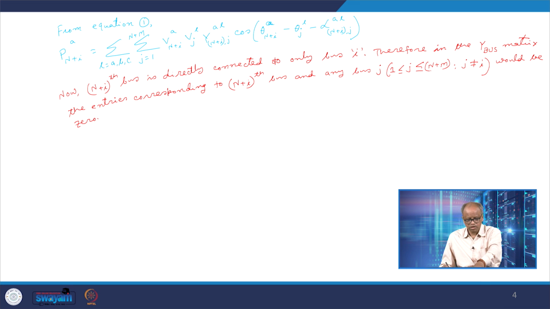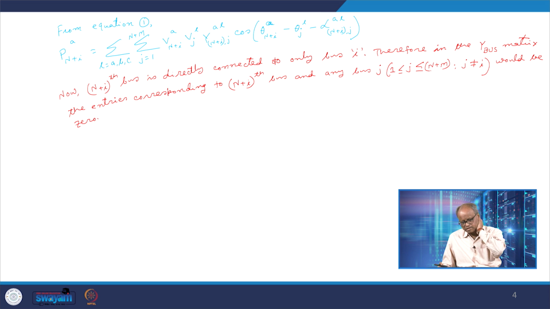So there will be some element between n plus i and i, so Y n+i i would be a non-zero matrix, and of course when j is equal to n plus i, that also would be there, correct?